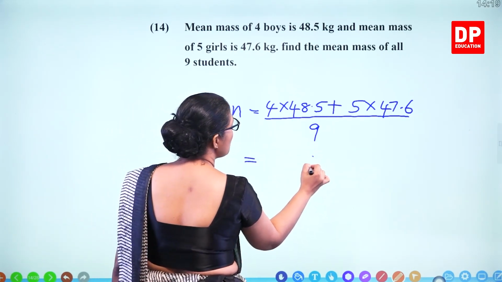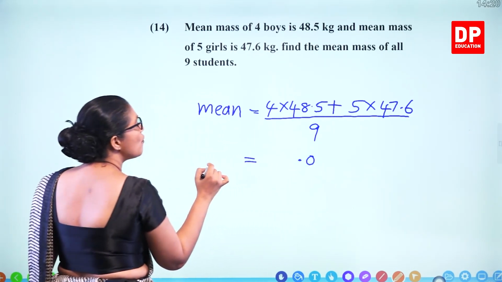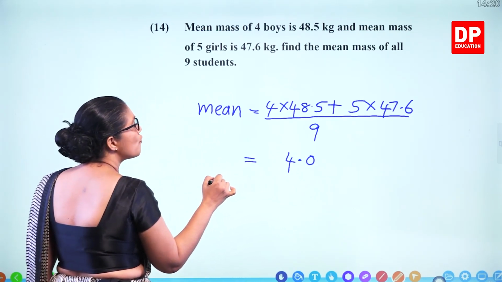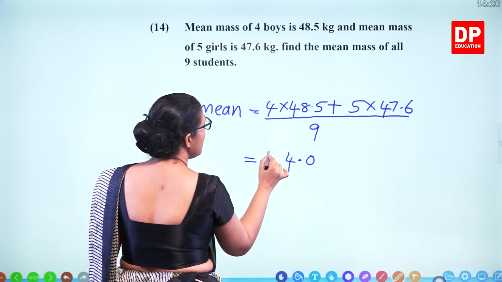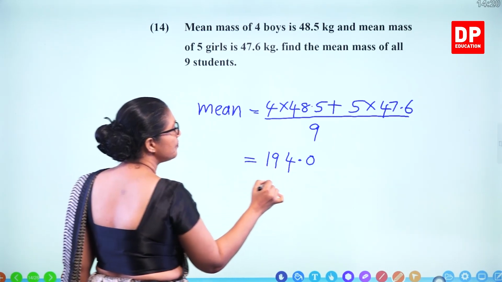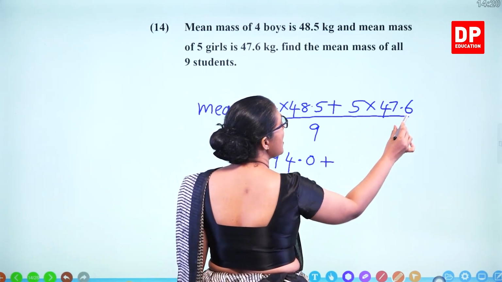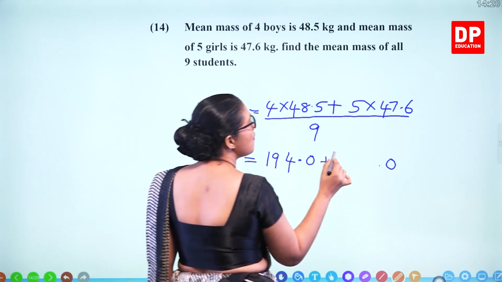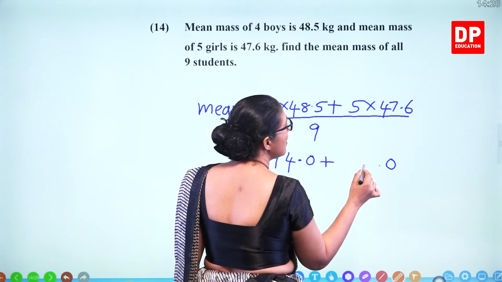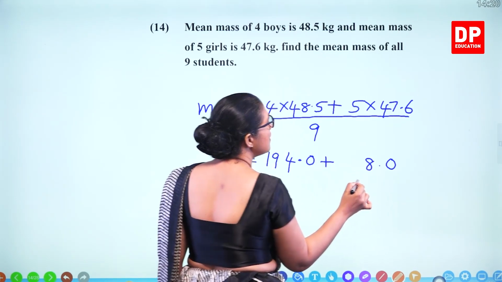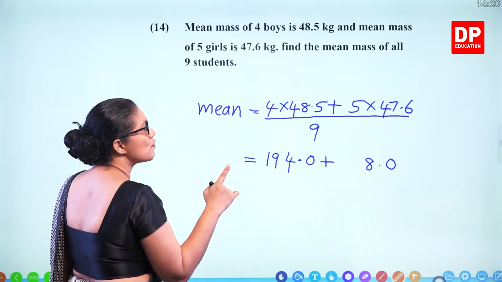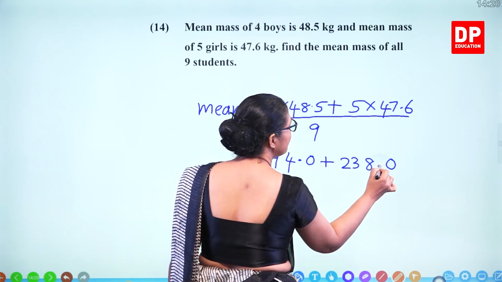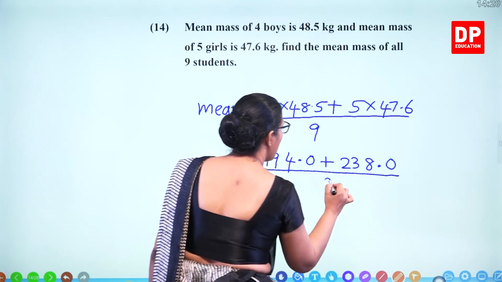So, we need to multiply. 4 times 5, 20. 2 remaining. 4 times 8, 32 plus 2, 34. And 4 times 4, 16 plus 3, 19. Here, 5 times 6, 30. 3 remaining. 5 times 7, 35 plus 3, 38. 3 remaining. 5 times 4, 20. 20 plus 3, 23. So, divide by 9.